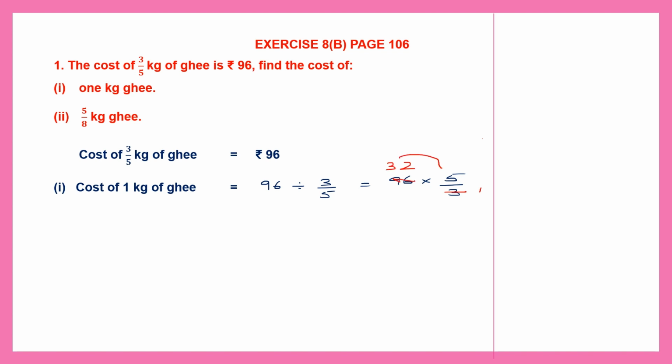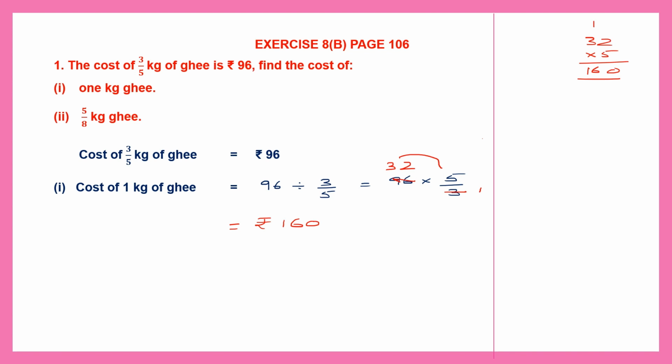Now multiply 32 into 5. 5 twos are 10, carry 1. 5 threes are 15 plus 1 is 16. So that is 160. So cost of 1 kg of ghee is rupees 160.